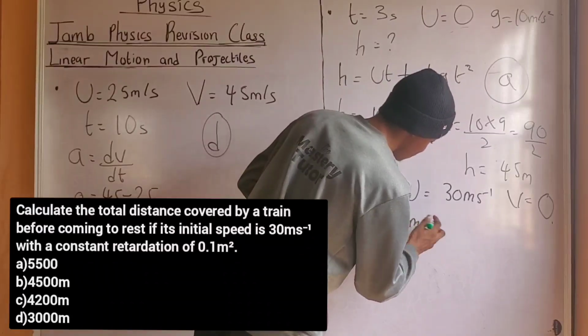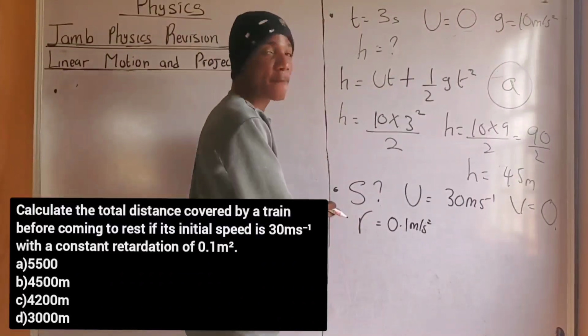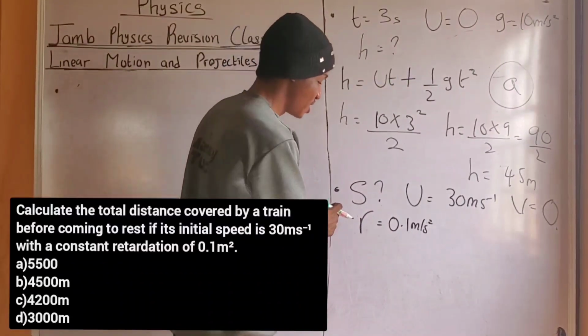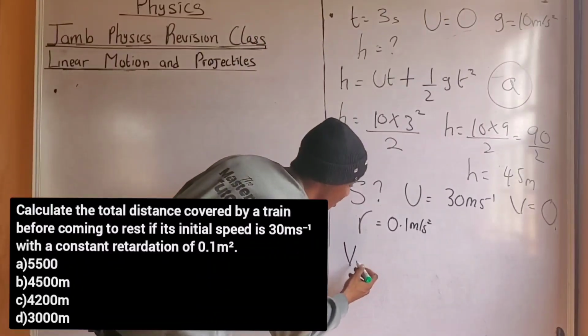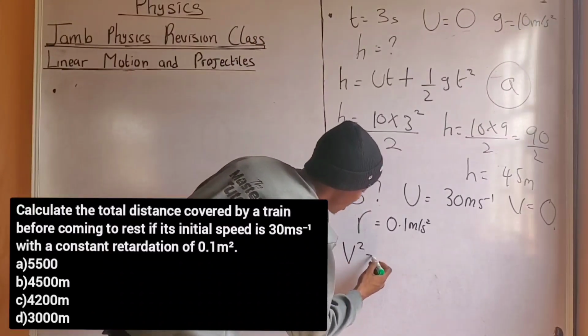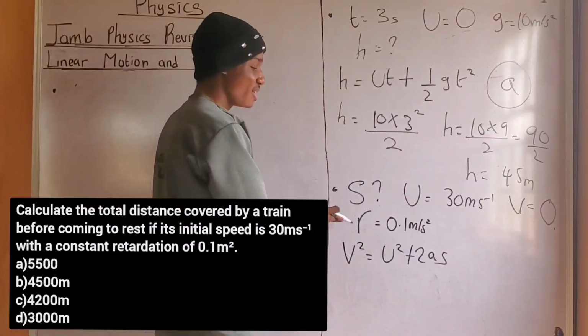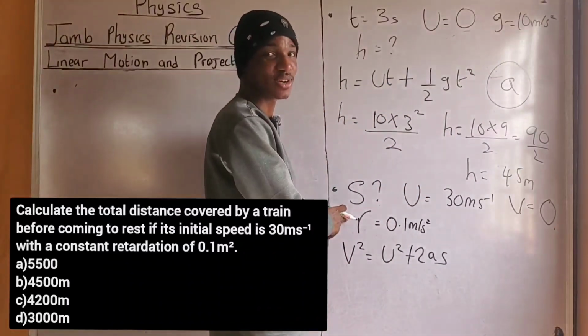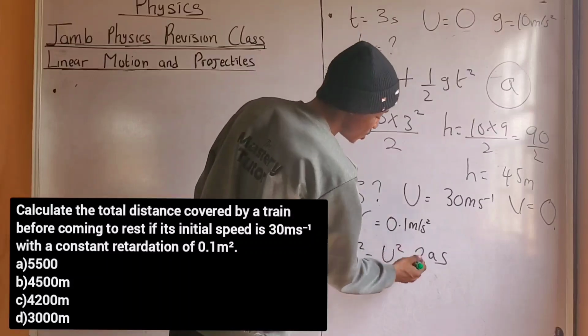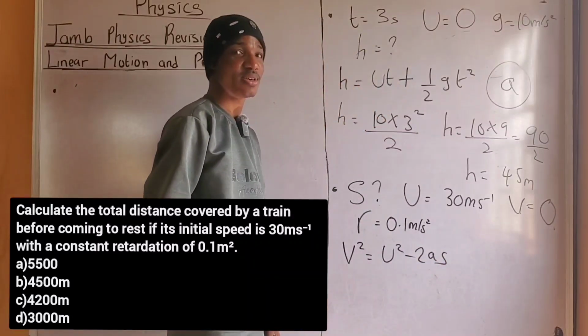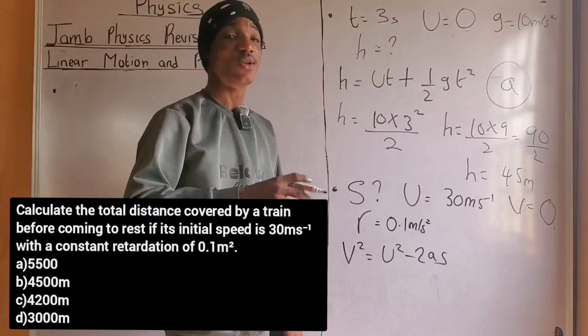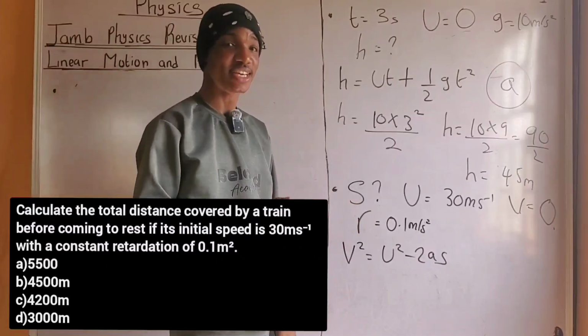Now, with respect to the parameters that were given in the question, we can make use of this formula to calculate the distance. v squared equals u squared plus 2as. Because the acceleration here is retardation, this sign is going to change to negative. Retardation is negative acceleration.